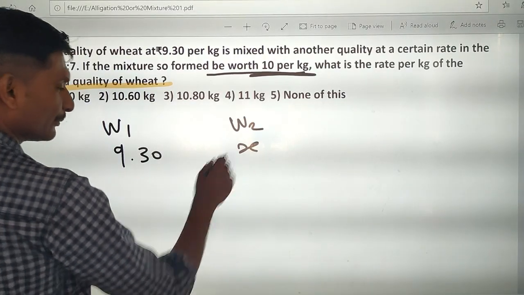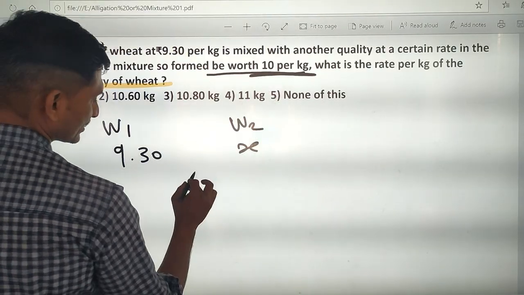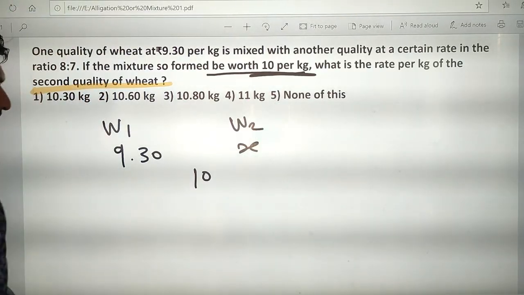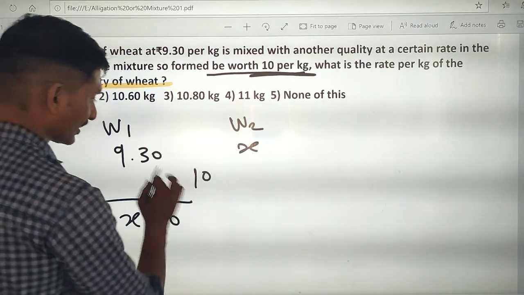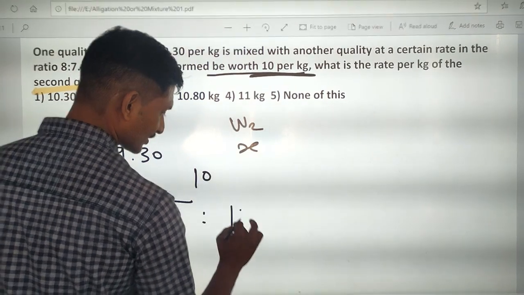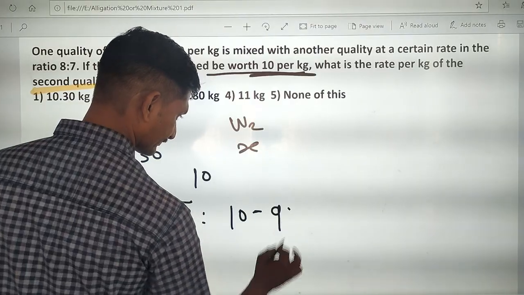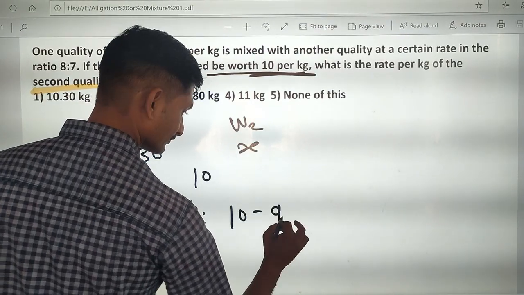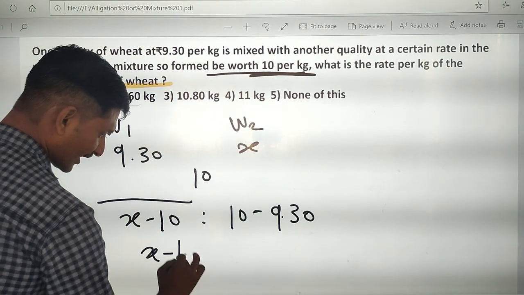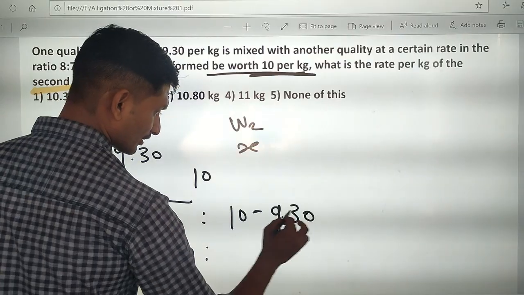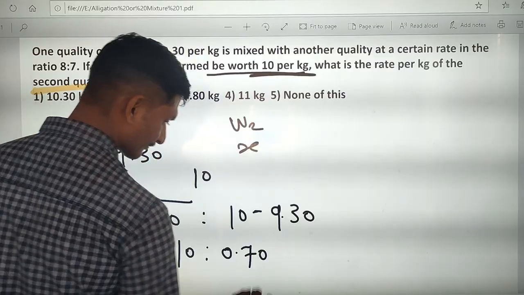Then these two quantities are mixed and the mixture is sold at 10 rupees per kg. We write the subtraction of these two: x minus 10 and 10 minus 9.30, which is 0.70.